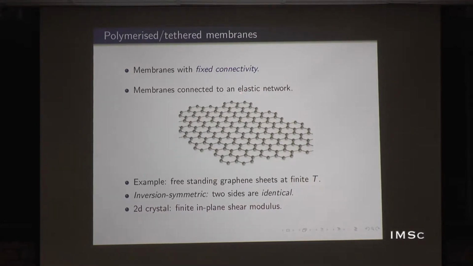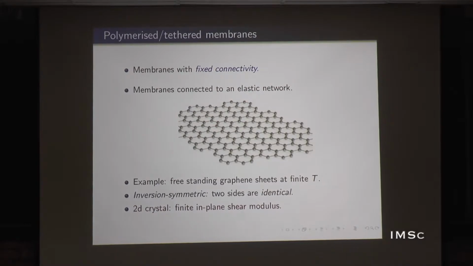So, as with crystals, in principle yes, but if you have disorder, then the tethered membrane does not require crystallinity as such. The problem is, if you have disorder, then to extract physics, you also have to average over disorder. That is what I am not doing. So, it is considered a pure system.